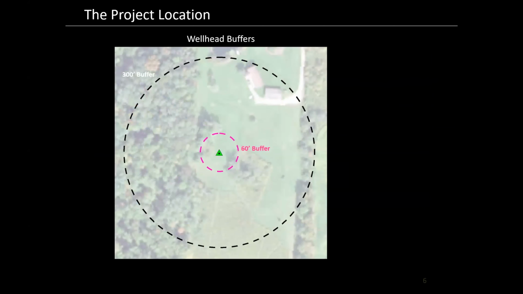So each wellhead will have 2 buffers associated with them. As I mentioned in the first slide, 60 feet is kind of the magic number for the surrounding area of the wellhead.